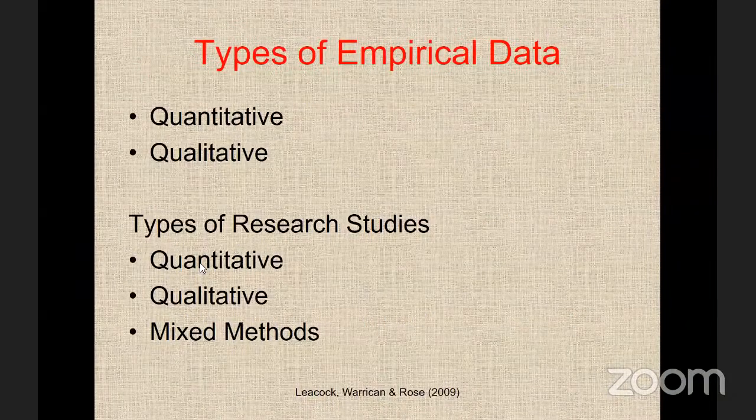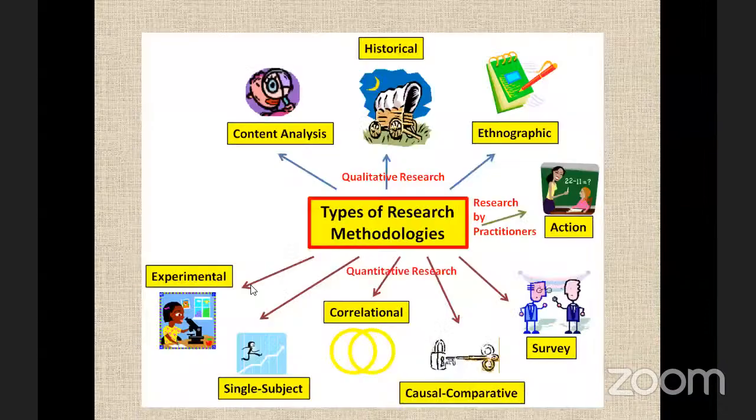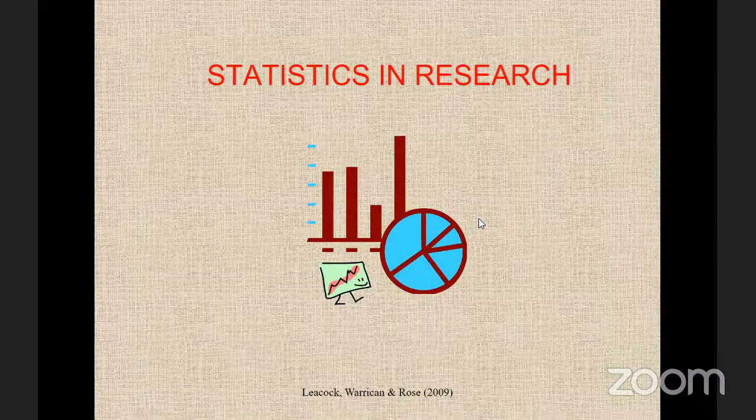And so you should know what types of data. We mentioned earlier experimental, correlational, causal, comparative, survey. We don't need to worry about single subject. That tends to be done in medicine. We don't have to do it in computing. And there are a whole lot of types of qualitative research we have not really focused on much in this class.